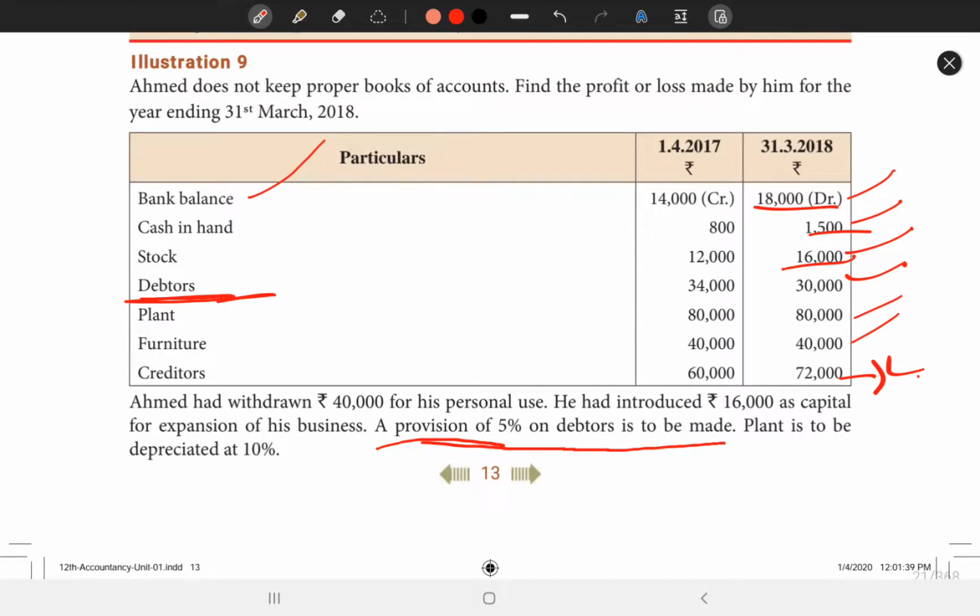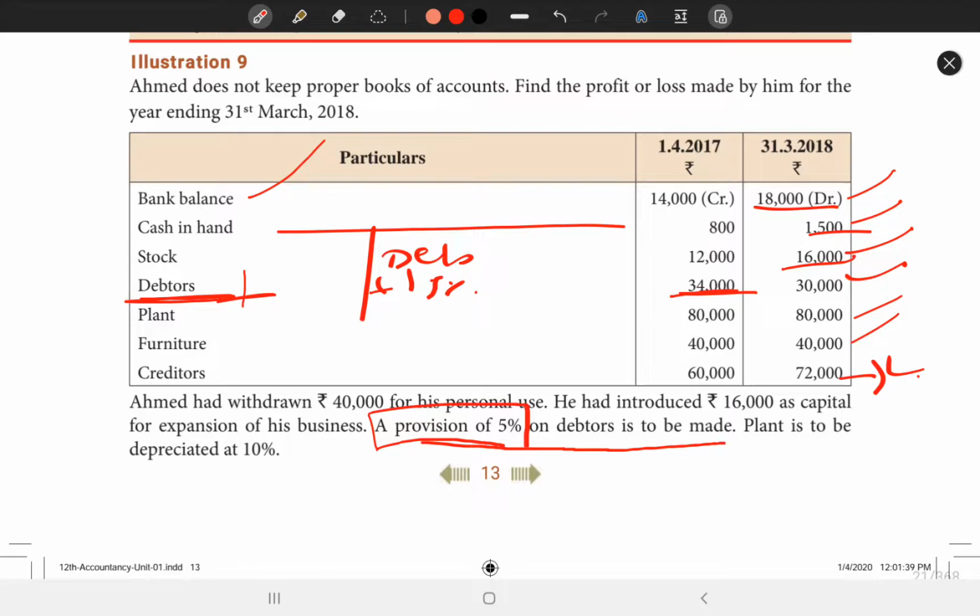Okay, right, which means we are suspecting that there will be unrecoverable debt from the side of debtors. So we will create a provision, a 5% provision, and remove it from debtors. So on the asset side there will be debtors 34,000 and minus provision 5%.